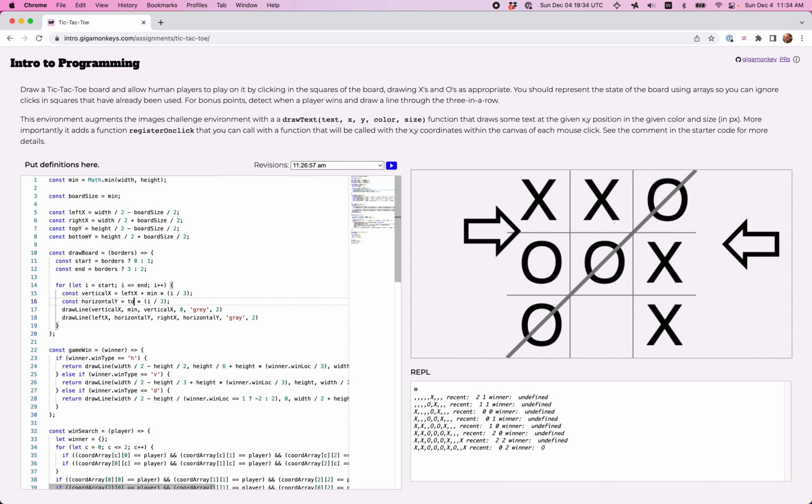We should start at the top y, plus really the board size times I over 3. And this min is also the board size. And this starts to make sense because we're drawing the board, and so we should be drawing it in terms of the board size.